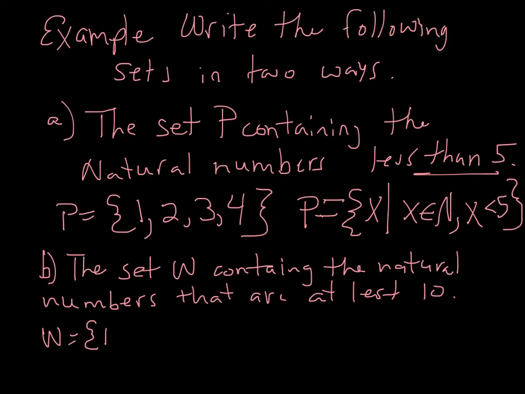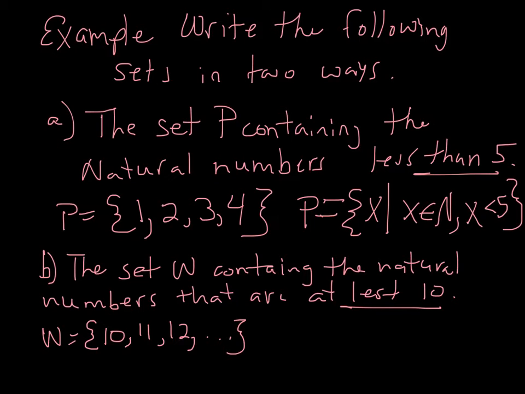It'd be 10, because it's at least 10 or more. So 10, 11, 12. Now this first set that we looked at is a finite set, so I could list them all. The set we're doing right now is infinite because I can go on forever. So I'm just going to use our little technique of dot, dot, dot, and there's our set of natural numbers that are at least 10.